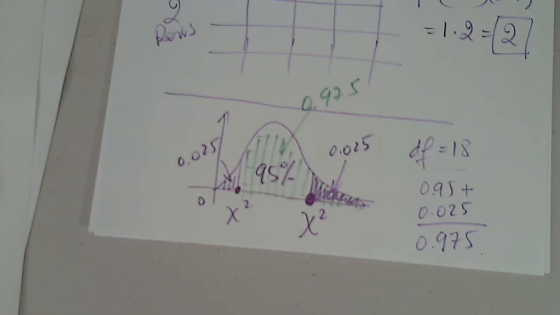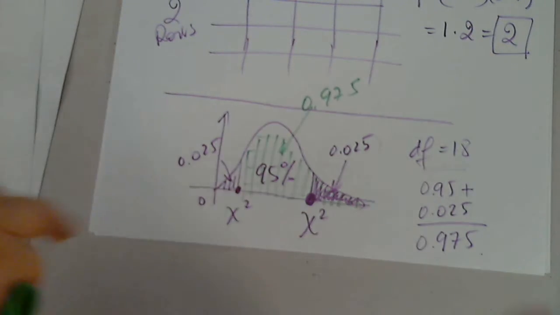Okay. So looking at 18 degrees of freedom, here it is. Let's go back up. I want this area, according to the top of the table for each column, as 0.025. So the area of 0.025 is right here. I go down to 18 degrees of freedom, and I read 31.526.